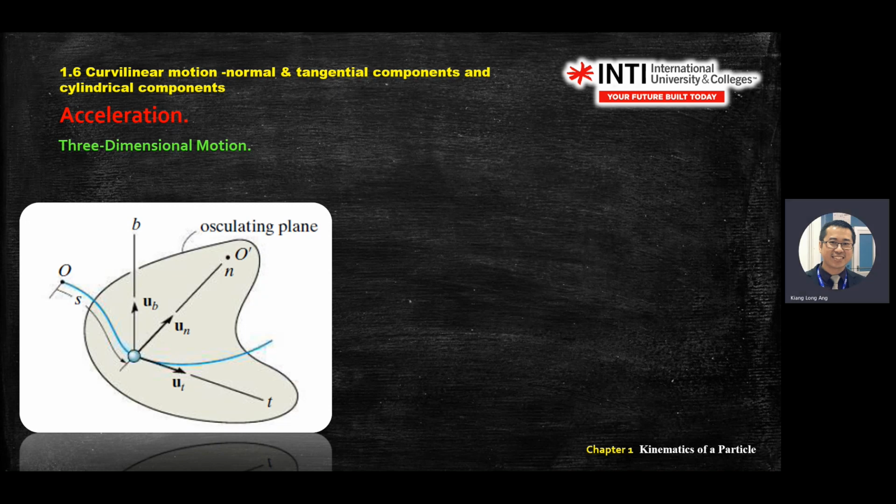This is like a piece of paper, with N and T. The Z direction, in this case, we use B to represent, because we don't want to confuse it with the other Cartesian or other coordinate systems. So for three-dimensional, we use B to represent the Z direction.